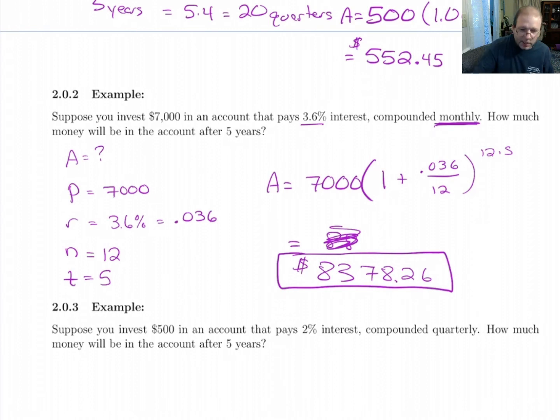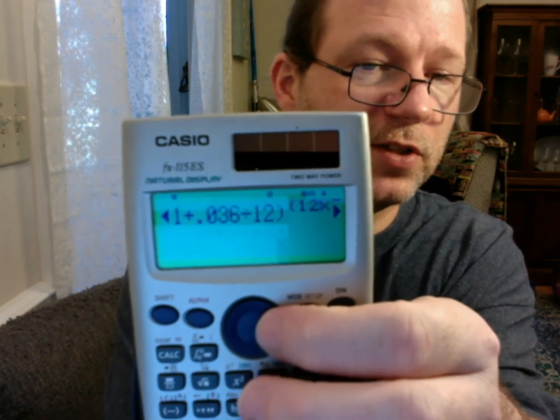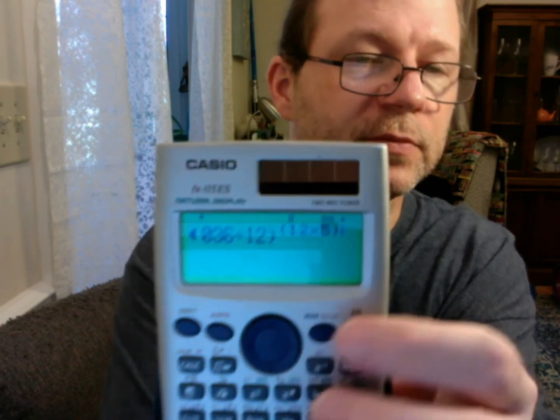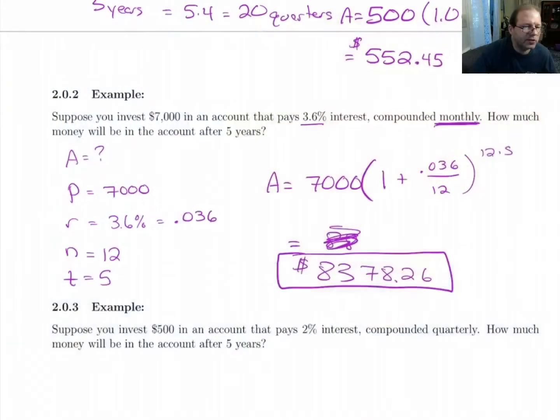But on my Casio here, this is what I put in to get this: 7,000 times 1 plus 0.036 over 12, then raised to the 12 times 5. Of course, you could also just multiply it out and get the 60, and 0.036 over 12 would be 0.003. So anyway, just make sure you get the order of operations correct.